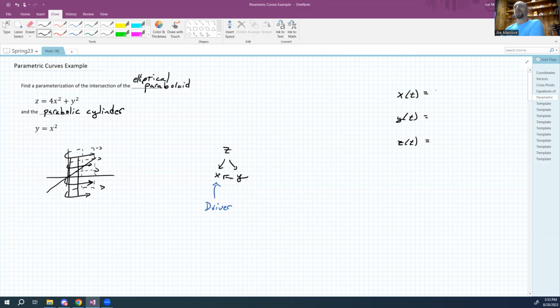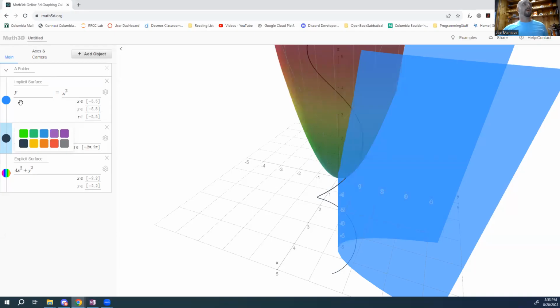This doesn't always work, but can be a good idea. So if I let x be t, then I can notice that y is t squared. So let me go plug those in. I'm going to go back to my Math 3D here, and I'm going to delete this whole thing.